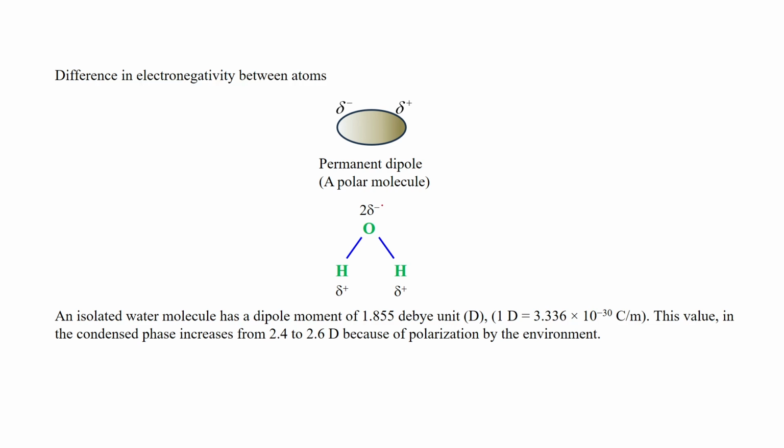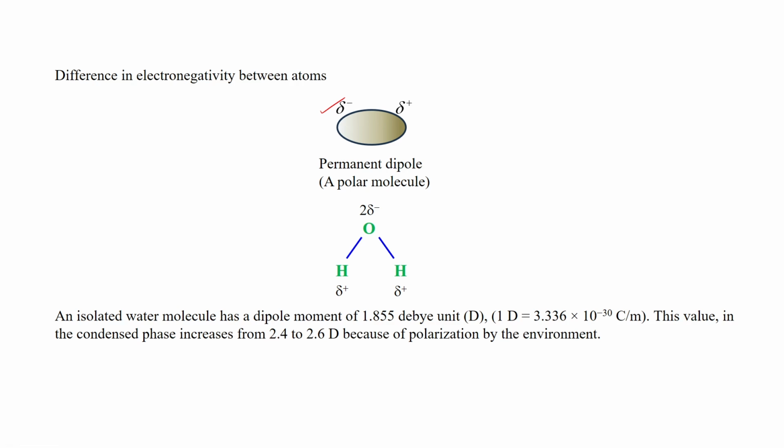So the oxygen draws the electrons towards itself. As a result, in one end of this molecule there are more electrons, so it becomes negatively charged at this end. At the other end it has more positive charge.